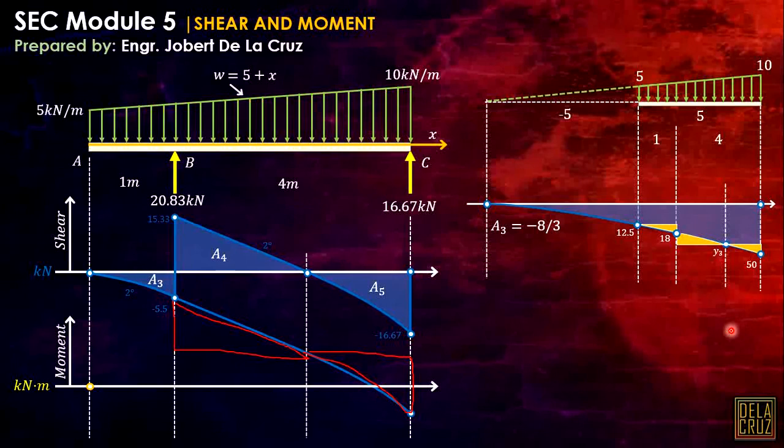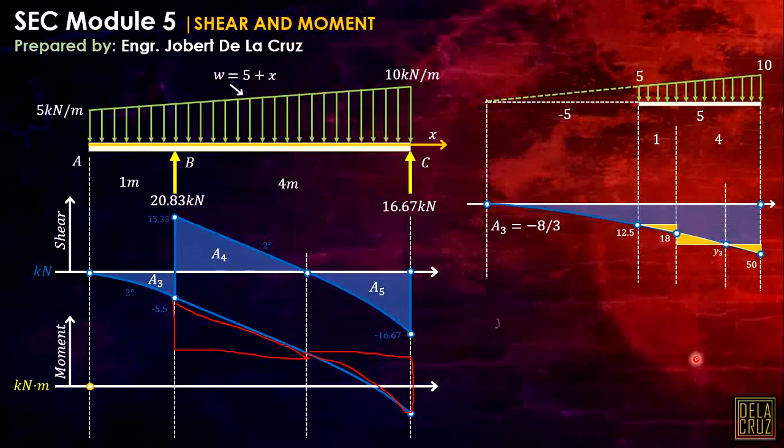So how can we calculate the area 4? We can just consider this rectangle here, minus itong maliit na portion dito. Then ito yung ating area 4. We need this value, y sub 3.